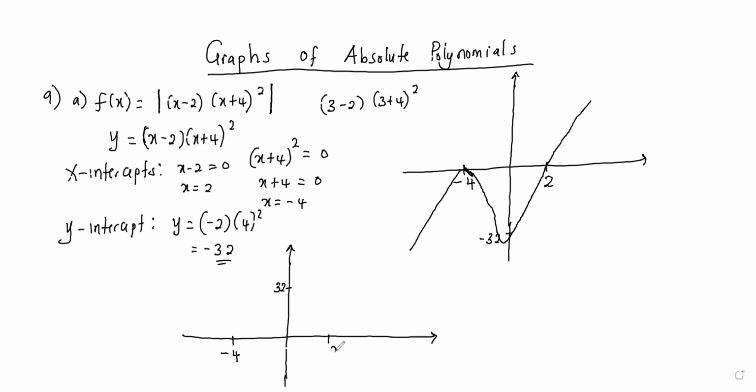Positive 2 remains positive 2 because that is the x value. This line which was going down, which is below the x-axis, under the absolute, it is above the x-axis because we don't have negative values. And then the curve that was down, again, under the absolute, it's above. And what was up remains up. So this is the graph of f of x.